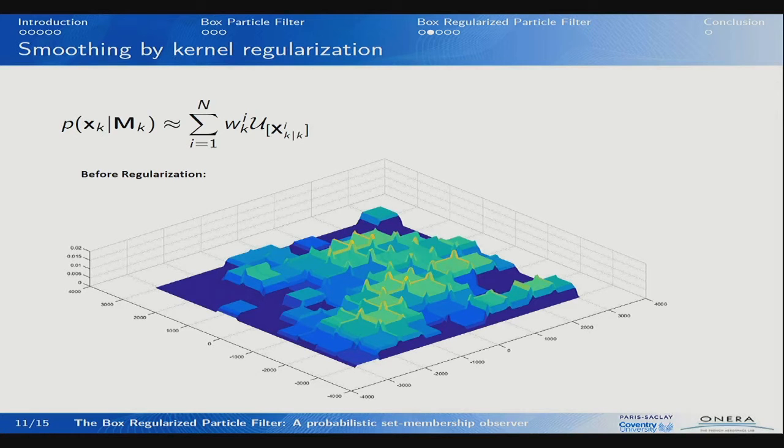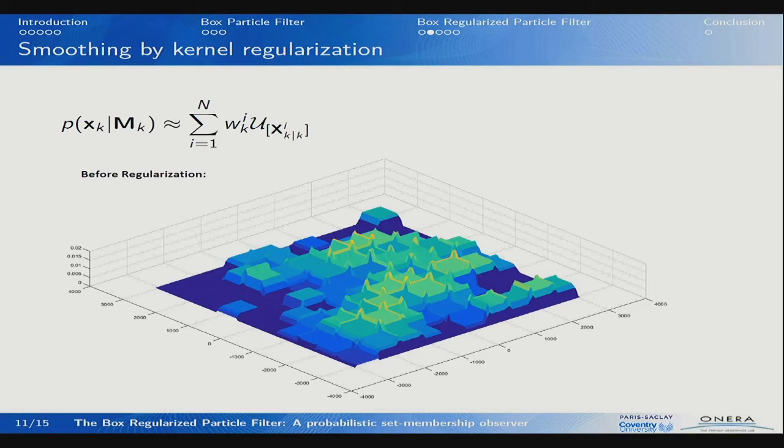And in the box particle filter, we can approximate this posterior density function by a weighted sum of uniform densities. We can consider each box particle as a uniform density function whose support is the box itself. It is an approximation that allows us to make the link between the interval analysis observer scheme and the probabilistic observer.